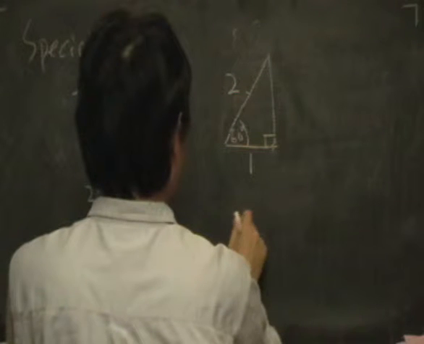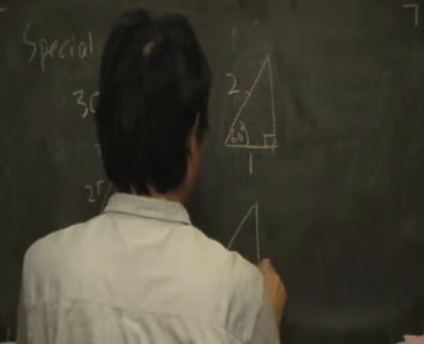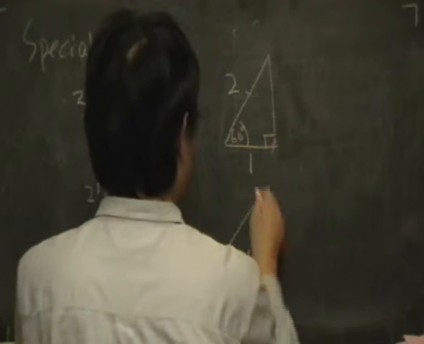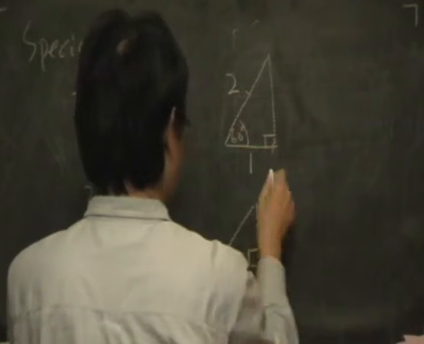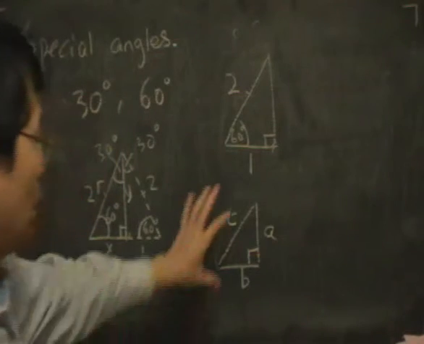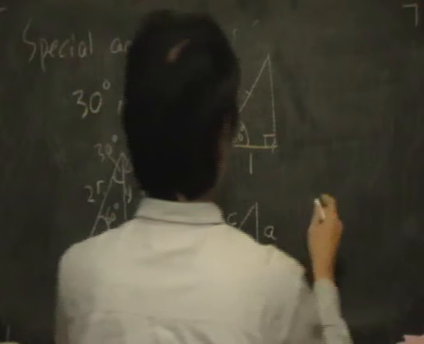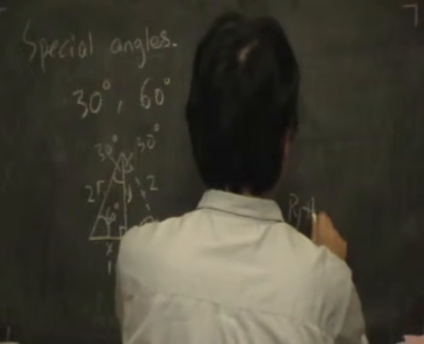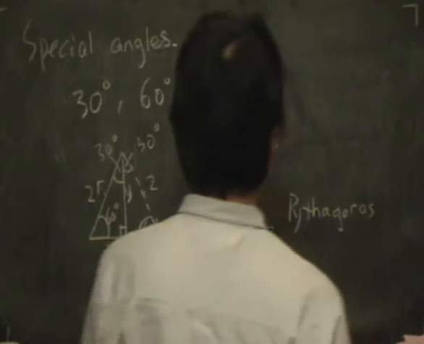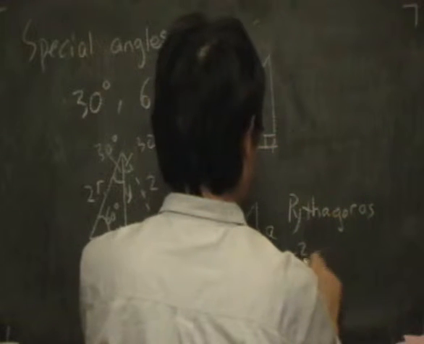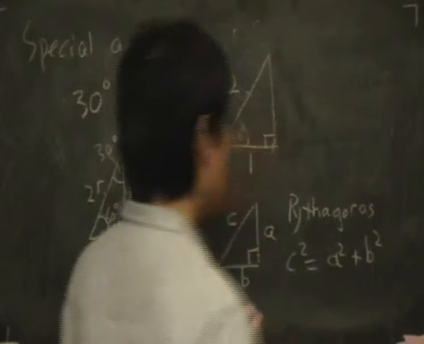If I have a right-angled triangle like that, and let's say the length of one side is A, the other side is B, and the longest side is C. If I have this right-angled triangle, then Pythagoras theorem, let me spell that, Pythagoras, tells us that C squared is equal to A squared plus B squared.